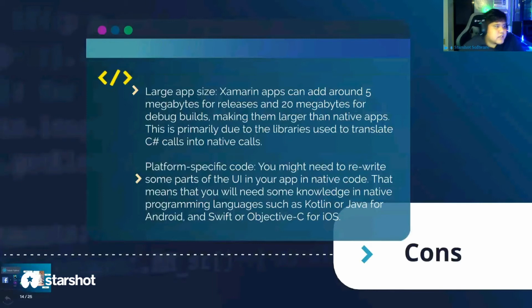Second is also that you might need to rewrite some parts of the UI in your app in native code. That means that you will need some knowledge in native programming languages like Kotlin or Java or Swift or ObjC to create those custom UIs that you want.